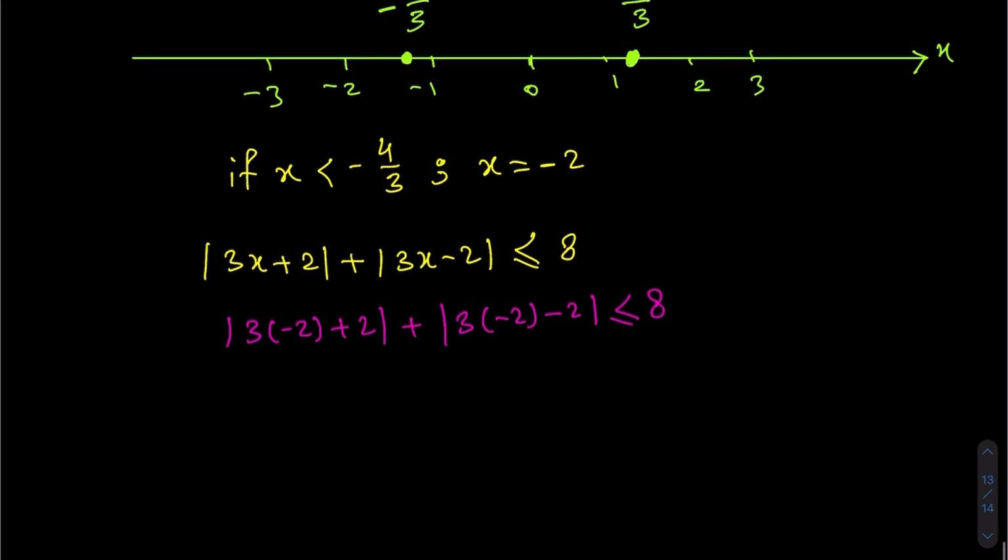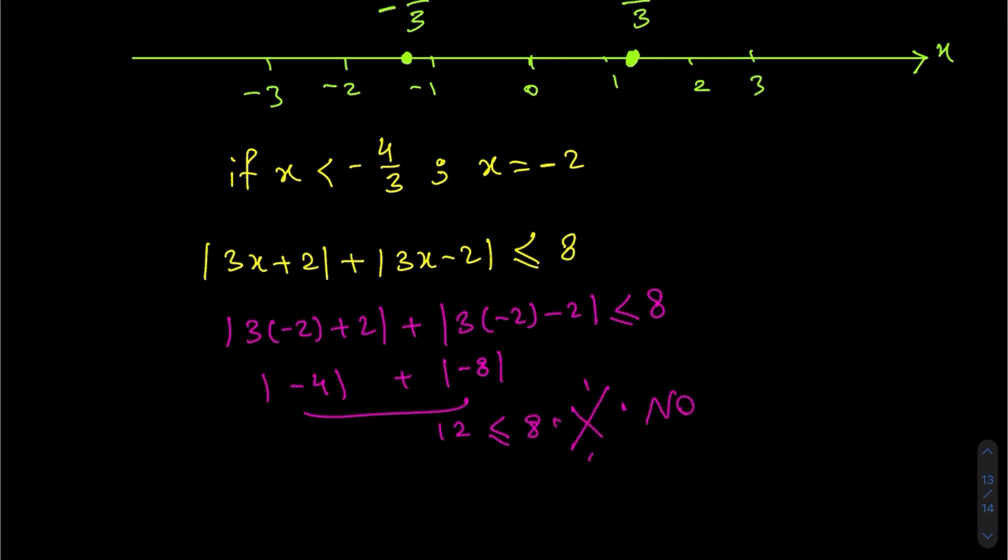Okay, let's see if it is correct or not. So this will be the absolute value of -4 plus the absolute value of -8, which is actually 12, is less than 8, which is not correct.